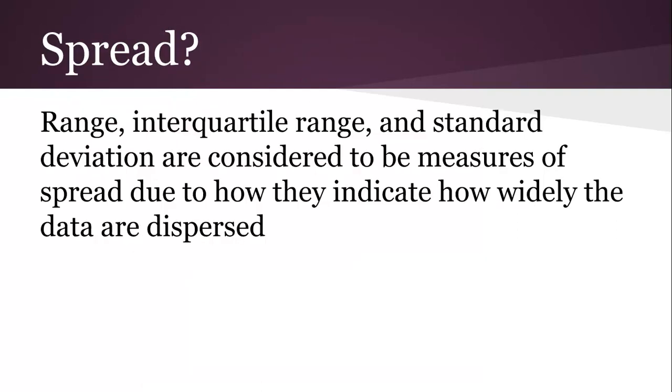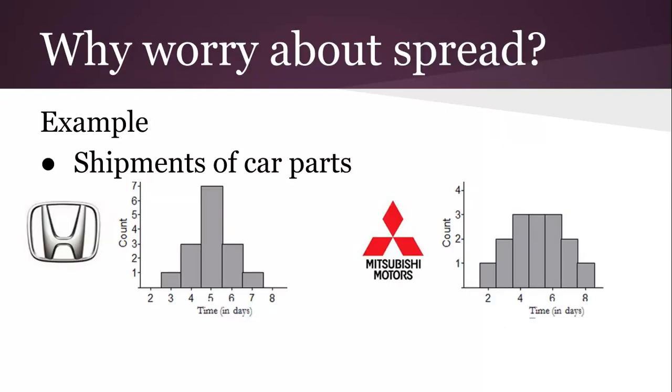Range, interquartile range, and standard deviation are considered measures of spread due to how they indicate how widely the data are dispersed. Not looking at mean and median, this tells you how spread out the data is. Why worry about the spread? You can see two histograms for a shipment of car parts, one from Honda, one from Mitsubishi.